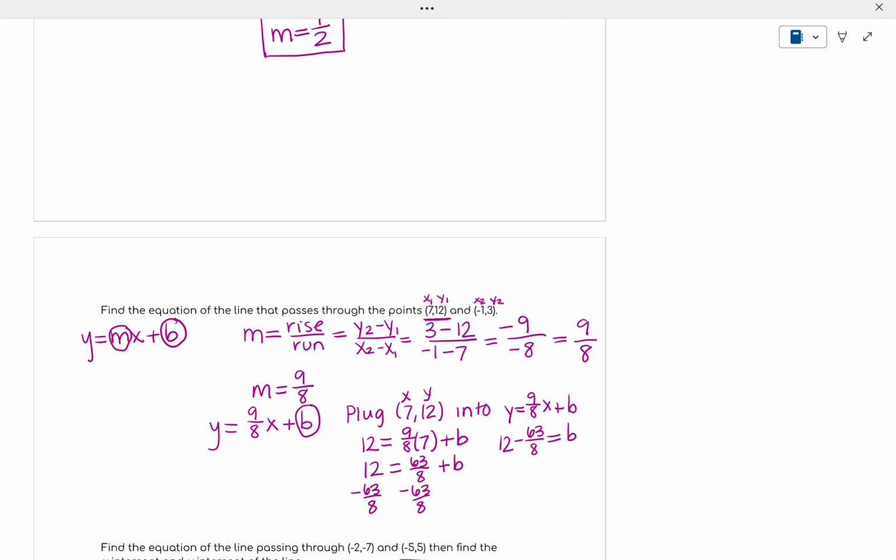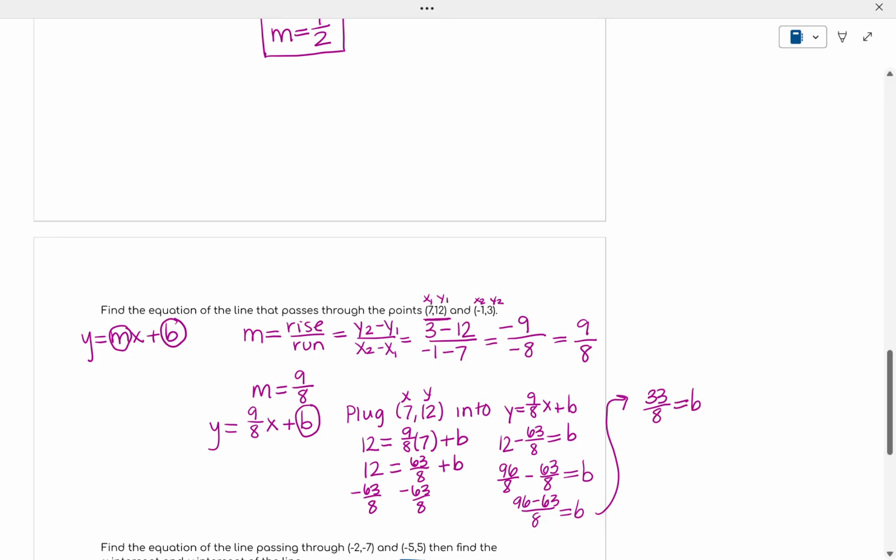So we can do that by multiplying 12 by 8 over 8. So 12 times 8 is 96 over 8 minus 63 over 8. And since these have a common denominator now, we can subtract them. So this would be 96 minus 63 over 8 equals b. 96 minus 63 is 33 over 8 equals b.